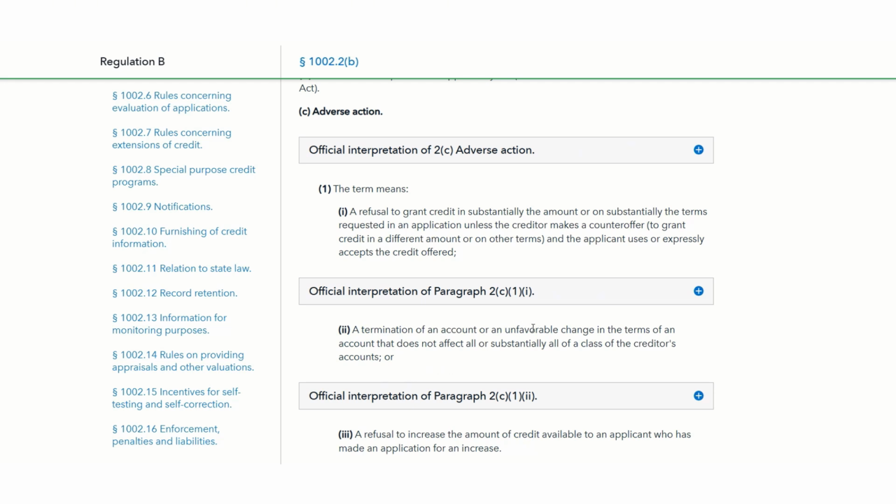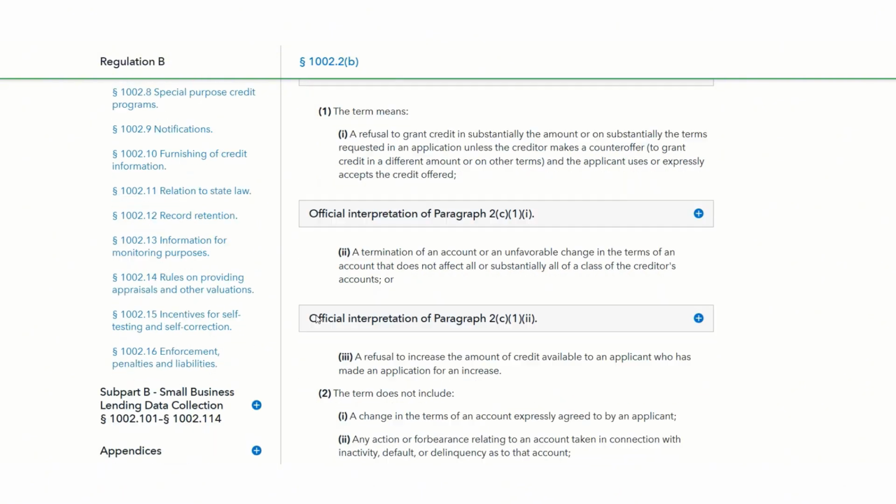So an unfavorable change in the terms of an account. So it can't affect all, or it substantially does affect all of a class of the creditor's accounts. All right. So that's what you need to know.